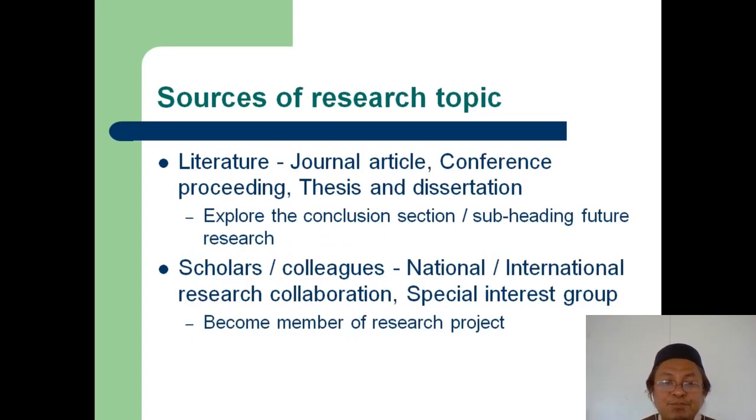Now, as for journal articles, conference proceedings, and theses and dissertations, normally you can look at the conclusion part, or sometimes the end of the discussion part. Remember, any journal article is organized in the following manner: introduction, literature review, research method, findings, discussion, and conclusion.